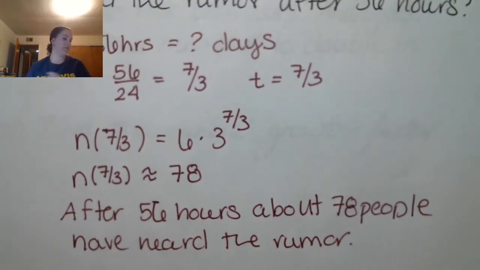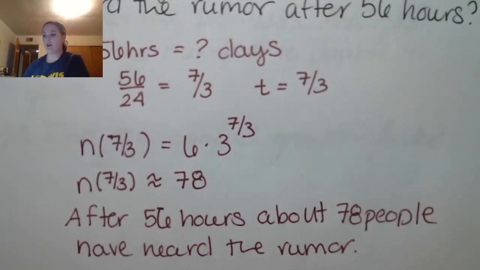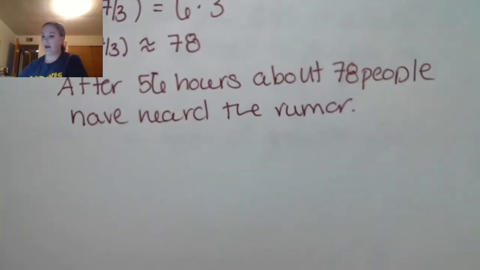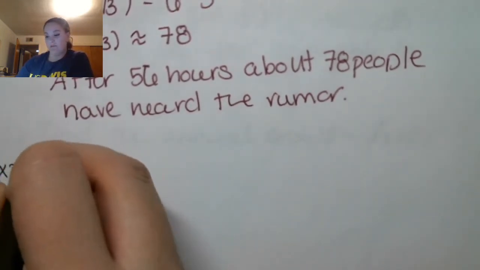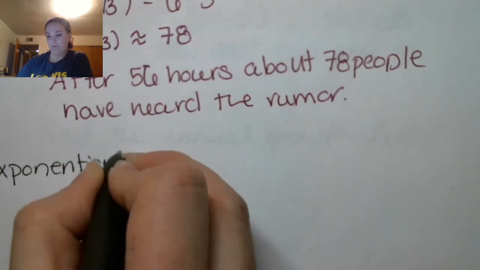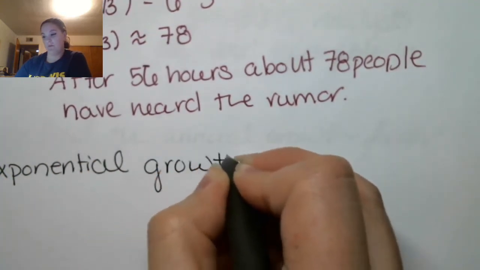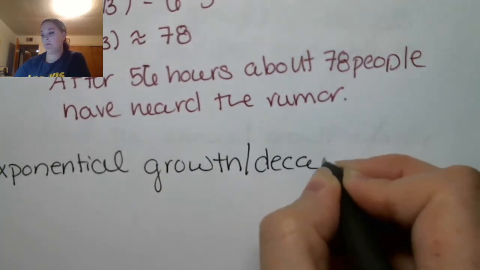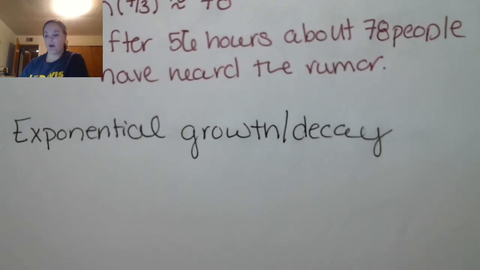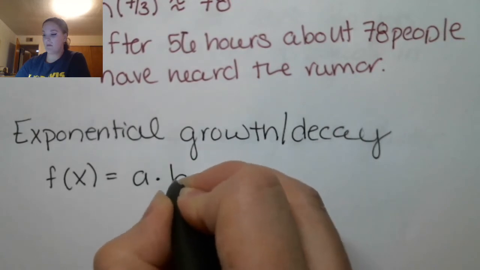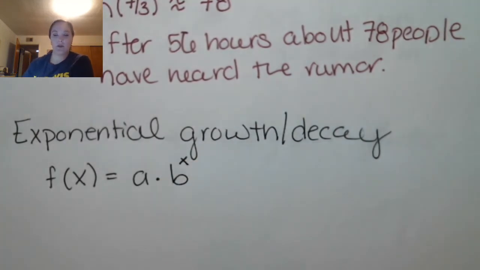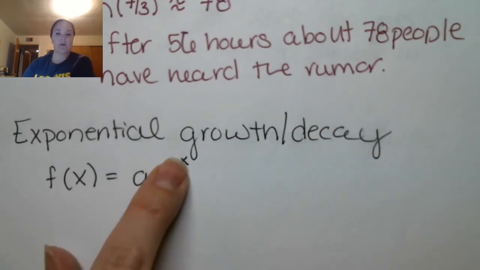All right. Now that we've done an example of this, I want to give a general form of how these exponential growth and decay functions will look. In general, these functions are going to have this form, just like we saw with the previous example where we had 6 times 3 to the t.